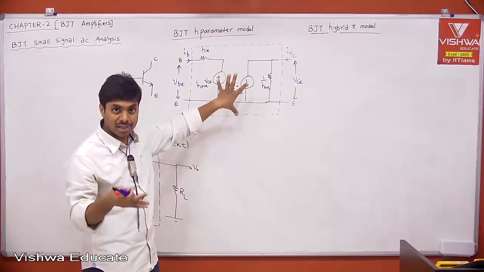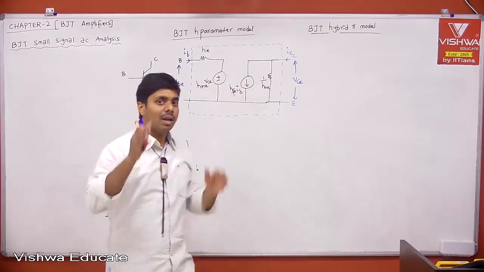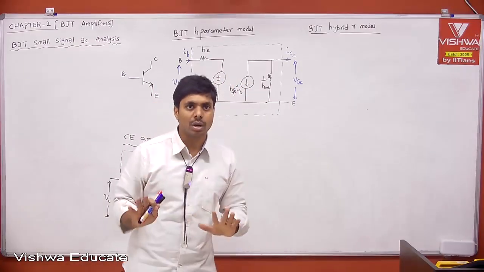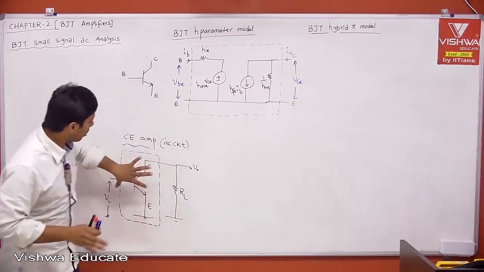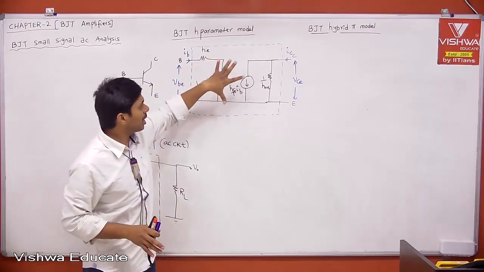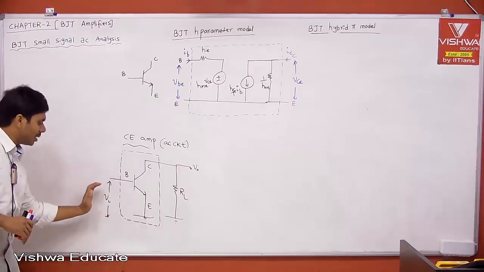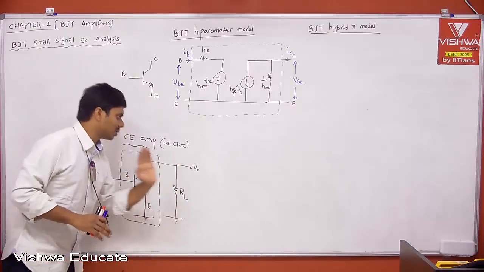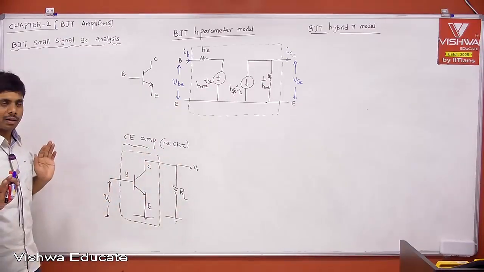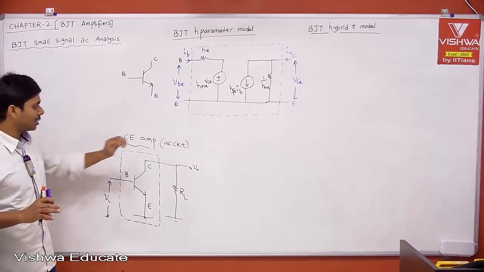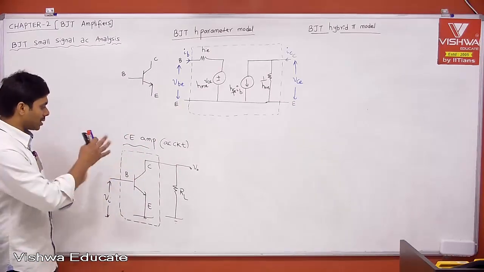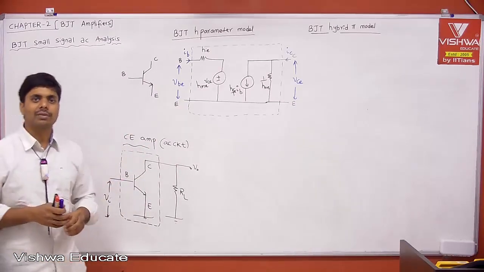Let us say this is my audio amplifier. I am giving the signal at the input and getting the output here. Then whatever voltage gain we got, everything is satisfied.